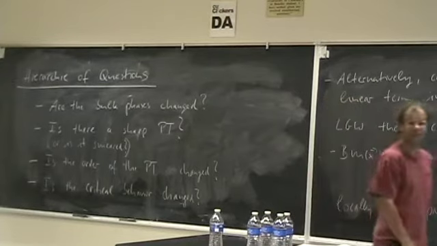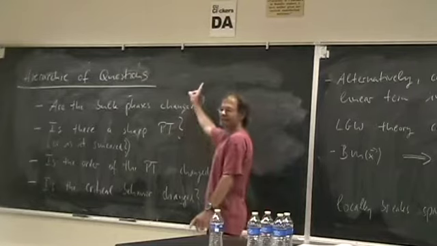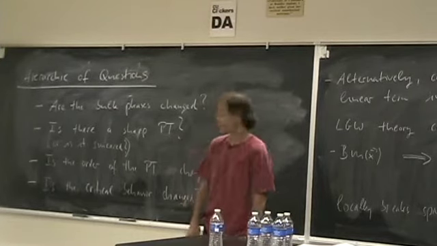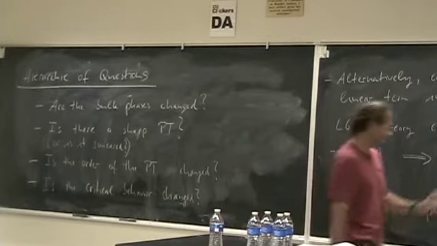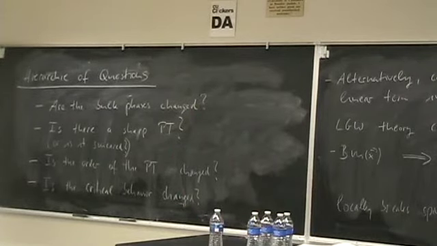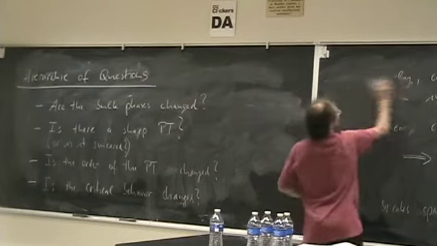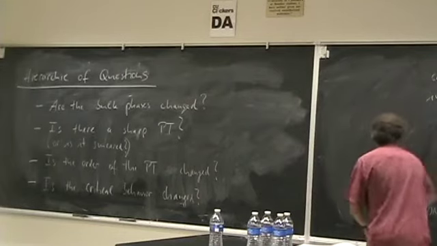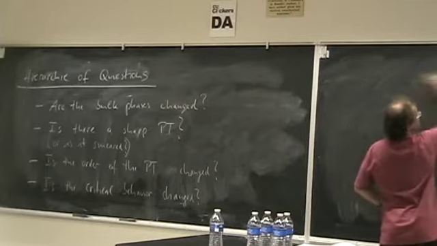Historically, actually, people work more like this, right? So the first real result was concerning the last question. And that's what we are looking at today, now, in the remaining 10 minutes. And this will lead us to the famous Harris criterion.